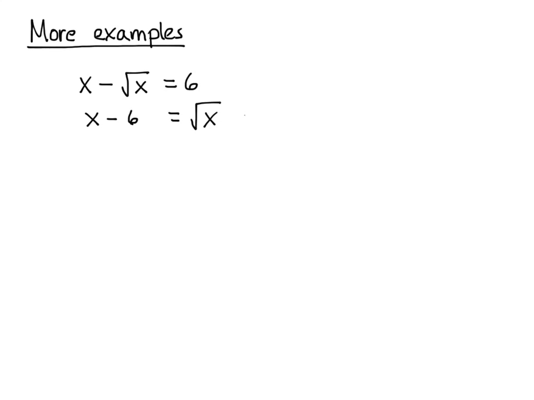So I'm going to add the square root of x to both sides, and then subtract 6 from both sides. And so I get my square root of x isolated. Doesn't matter which side you're on. If you wanted to subtract x from both sides up here, then you'd have to divide by -1 because you really do want this thing positive. Okay? So at this point then we square it.